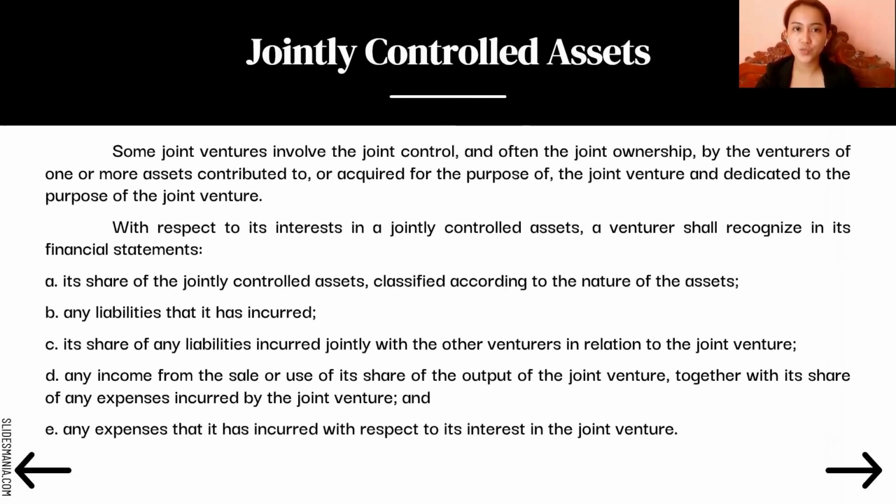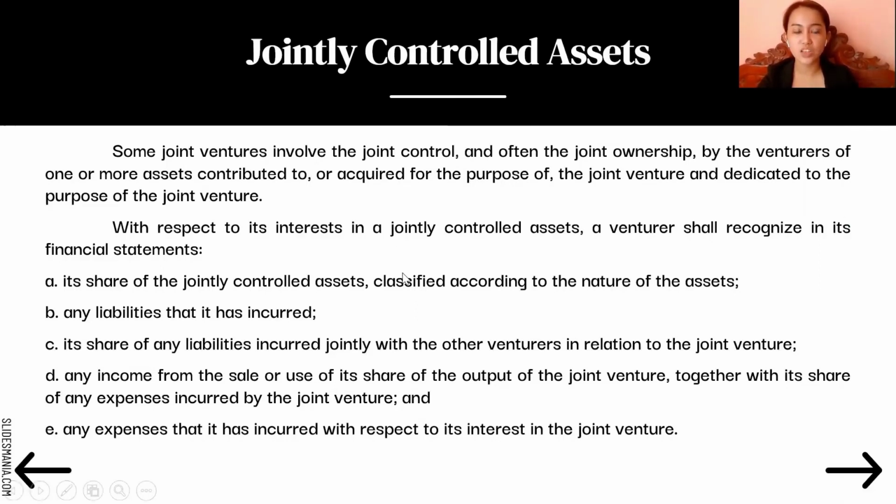Some joint ventures involve the joint control and often the joint ownership by the venturers of one or more assets contributed to or acquired for the purpose of the joint venture and dedicated to the purpose of the joint venture.